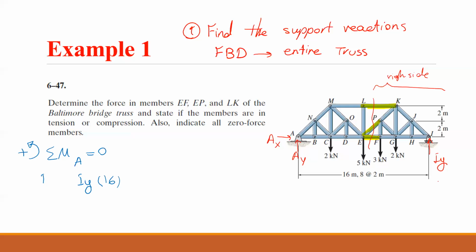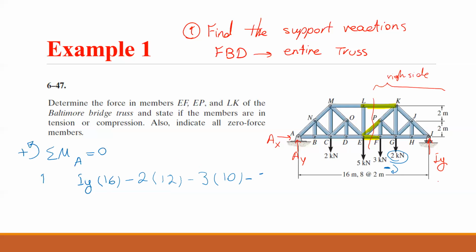What else do we have? We have 2 kilonewton, multiplied by the distance, which is 12 meters, and it makes a clockwise moment, so it's negative, right? Then I have 3 kilonewton, the distance is 10 meters, and again a clockwise moment, negative.